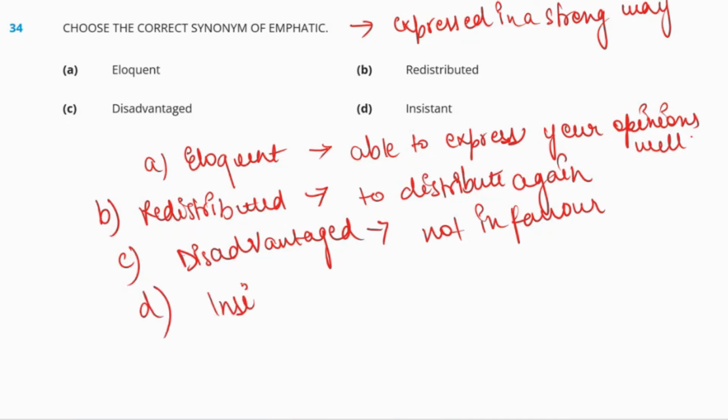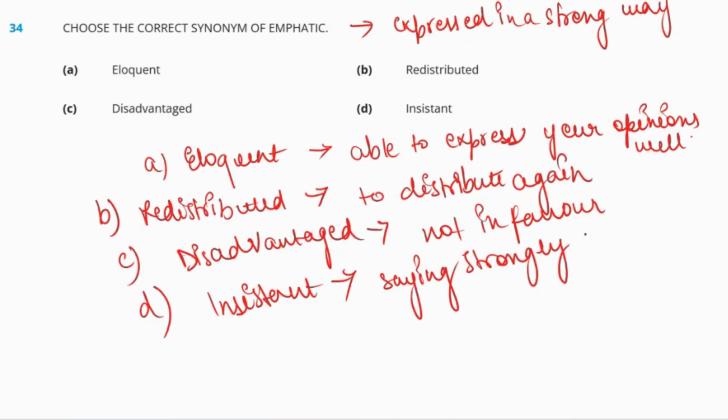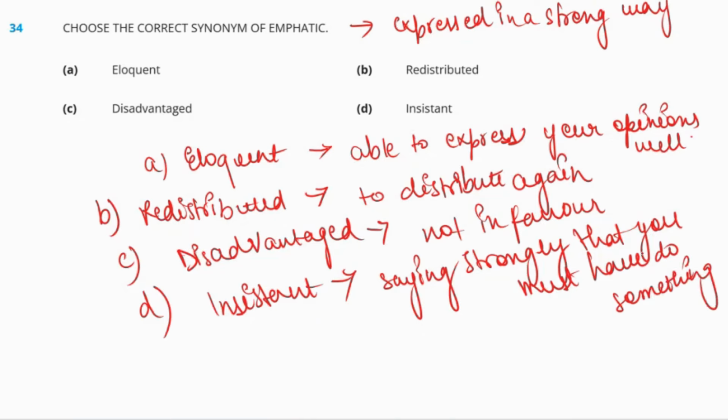So what does insistent mean? Insistent means saying strongly that you must have or must do something. Okay. So out of all of these, what option do you think is the right answer to the question? Yes. So the right answer will be option D, insistent.